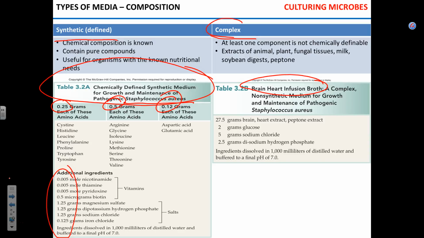Do you know the exact composition? No. Like a chicken stock. Do you know the exact chemical composition of the chicken stock when you cooked it? No, you don't. Okay, but you don't care actually. As long as bacteria grow, it's good. Does that make sense?